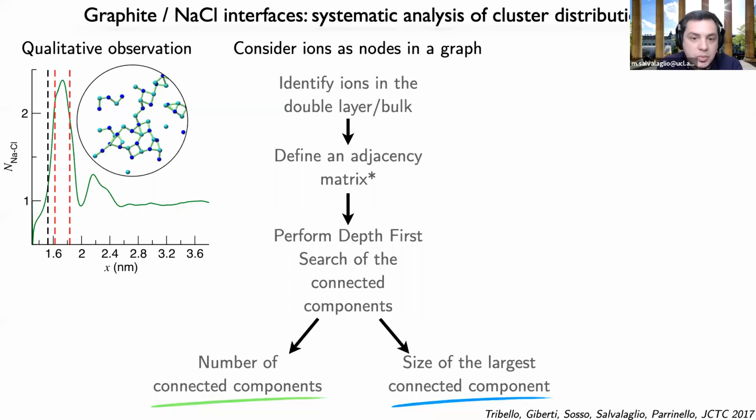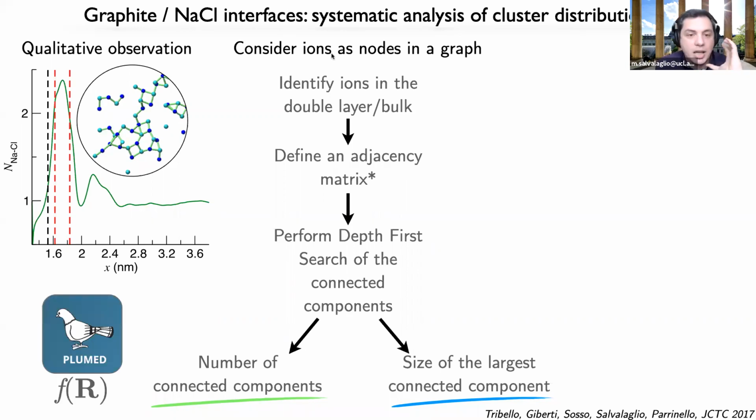So we identify ions in the double layer or in the bulk, and then we define an adjacency matrix, and then we perform a depth-first search algorithm in order to identify the connected components. Now, the number of connected components corresponds to the number of the clusters that are observed, and the size of the largest component corresponds to the size of the largest cluster.